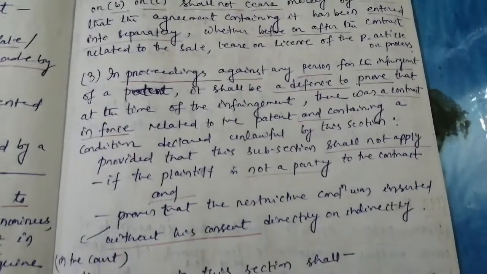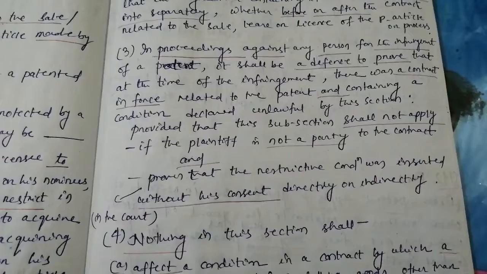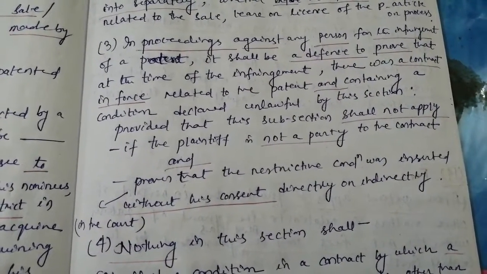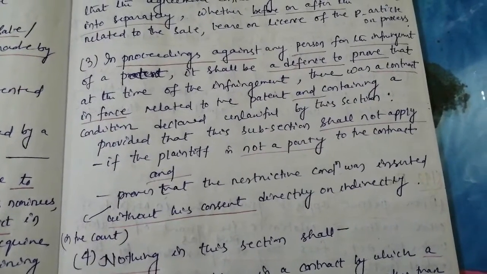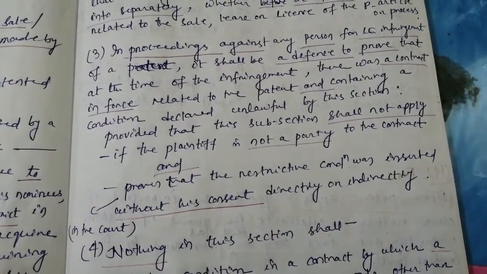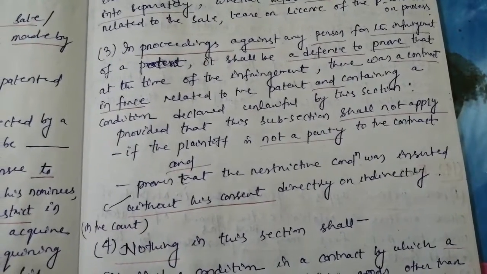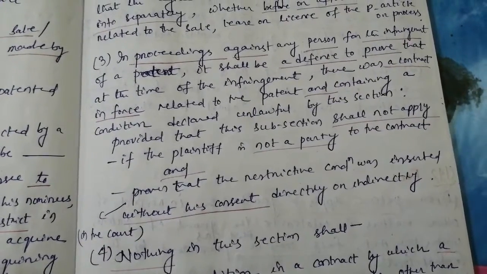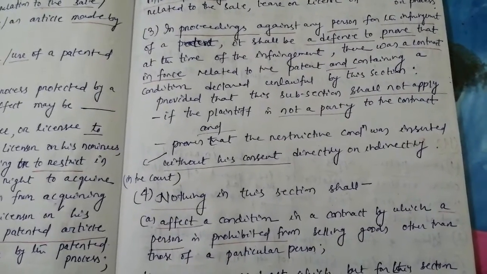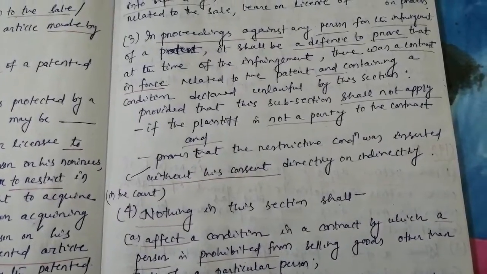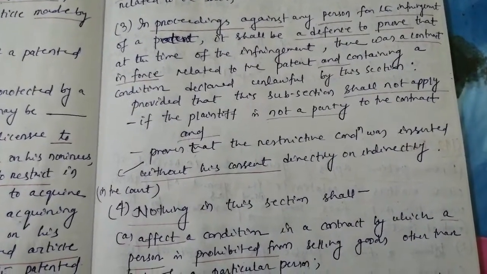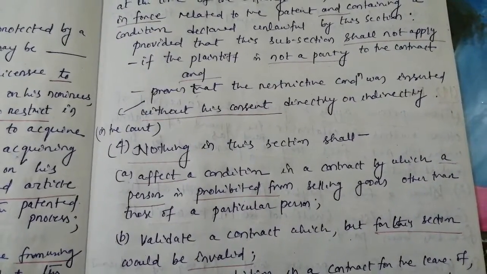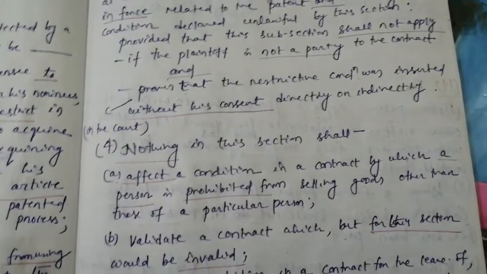Fine. Next one is subsection 3. In proceedings against any person for the infringement of a patent, it shall be a defense to prove that at the time of the infringement there was a contract in force related to the patent and containing a condition declared unlawful by this section, provided that this subsection shall not apply if the plaintiff is not a party to the contract and proves that the restrictive condition was inserted without his consent, directly or indirectly.